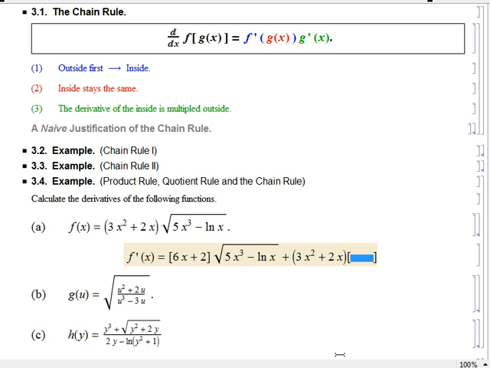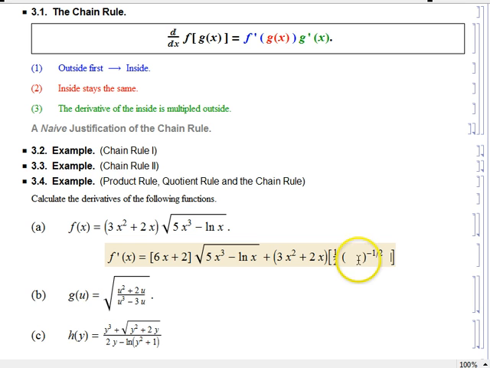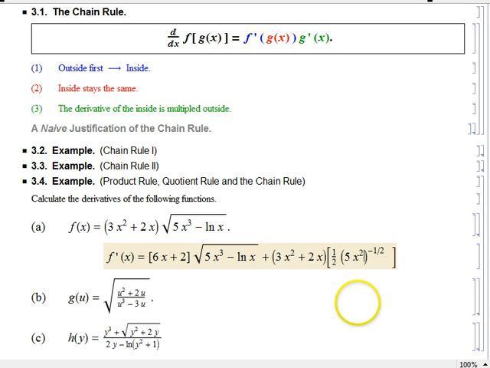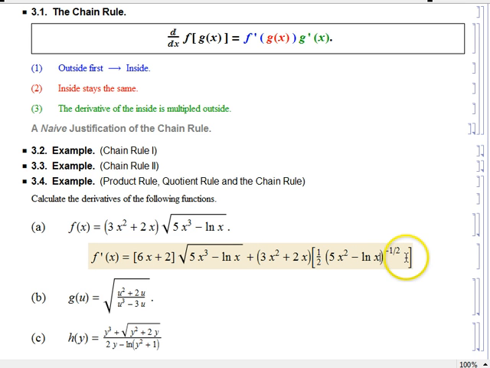The outer function is a 1/2 power function, so that comes out, and then negative 1/2 power. And then what was inside? Nothing changes there, so 5x to the third power minus log of x will just go right back in. And then we have to multiply the derivative of the inside.